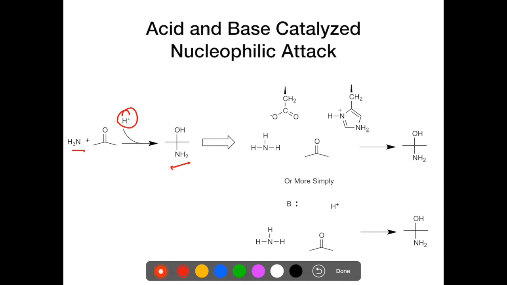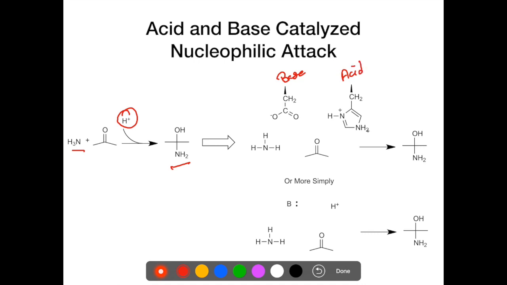Okay, and so what I would formally do is draw out what would be the acid and what would be the base. And so this component would be, I'll go back. This would be our base, and this side chain would act as an acid.